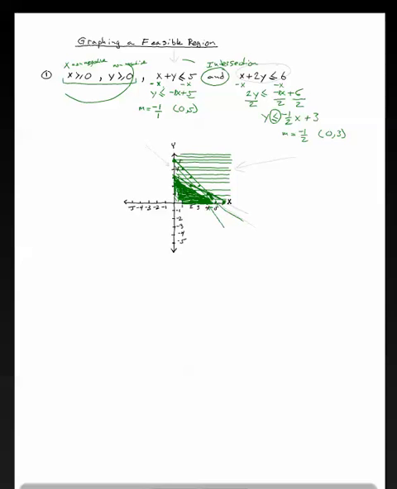Alright, so just to kind of recap, we had our first two conditions, x is greater than or equal to 0 and y is greater than or equal to 0, and that limited us to quadrant 1. Then we had our second condition, x plus y is less than or equal to 5, and that's what gave us that triangular shape that we saw as our overlap.